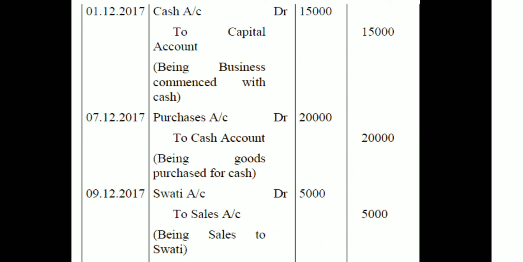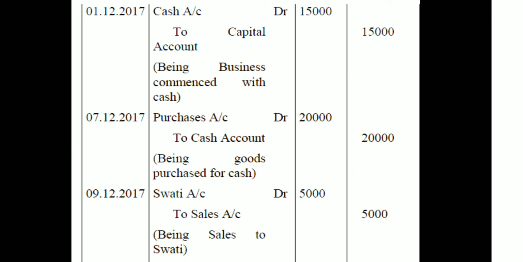And the second one is when we purchased goods. Students, you will have to think: when you purchase the goods, what will you get? You will get goods, and the goods you get are called purchase. As I have told you, what comes in the business will be written into debit.